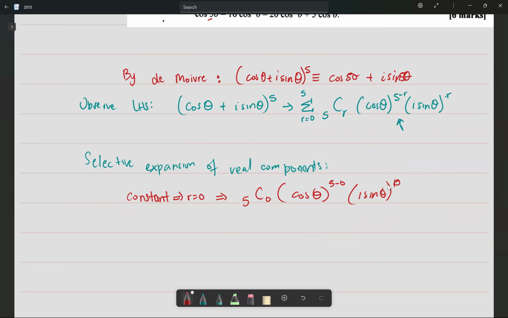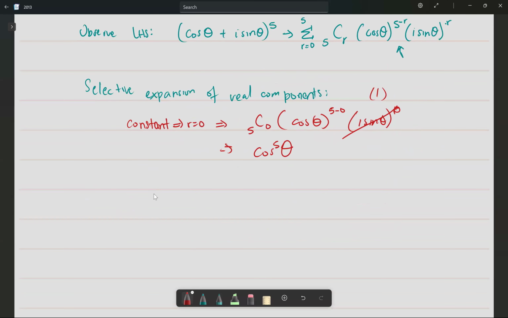R in this case is 0. So this part is cancelled because it becomes 1. This part is cosine to the 5th, and this part is 1. So this becomes cosine to the 5th power. Any issues with that so far? No. Okay.